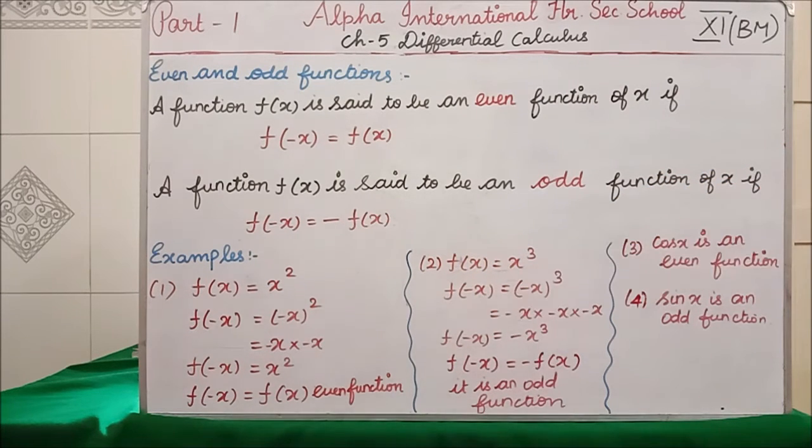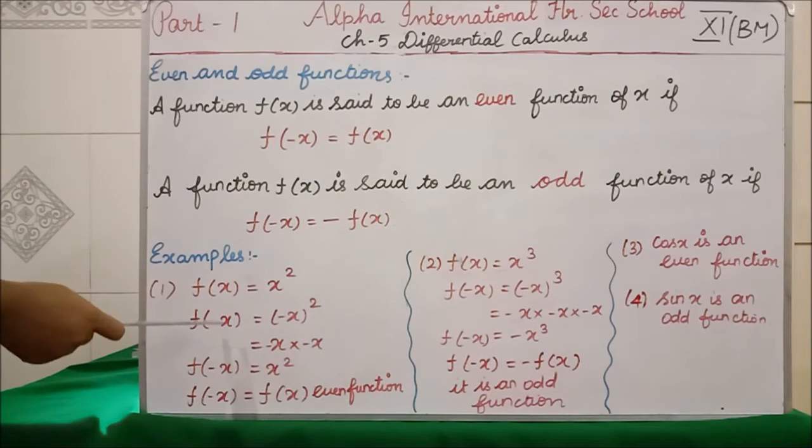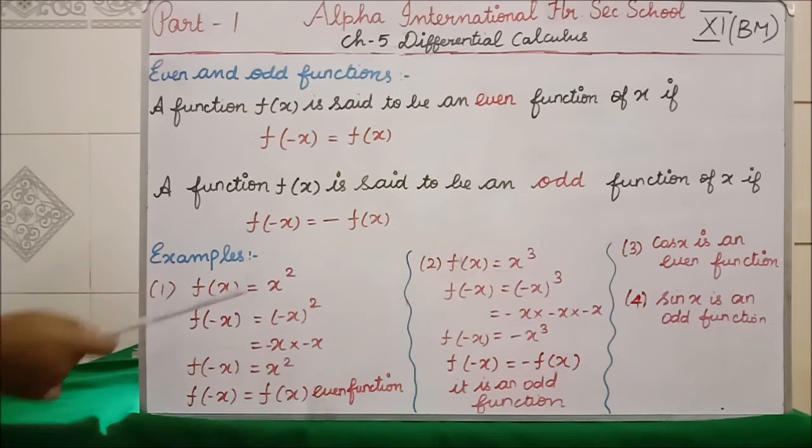It is an even function. We are telling that if you get f of minus x equal to f of x, it is an even function. See the question, f of x equal to x square, students. First we have to substitute minus x. Wherever you have x, there you have to put minus x.